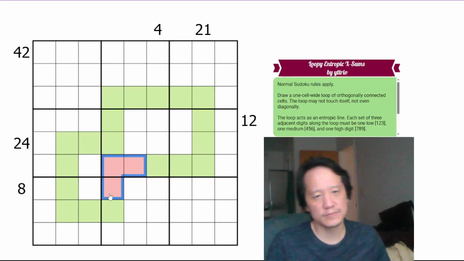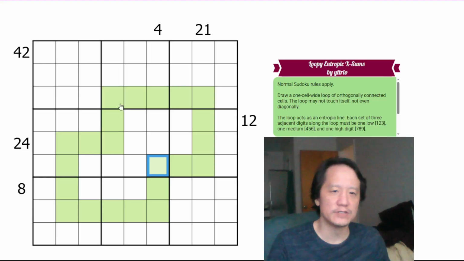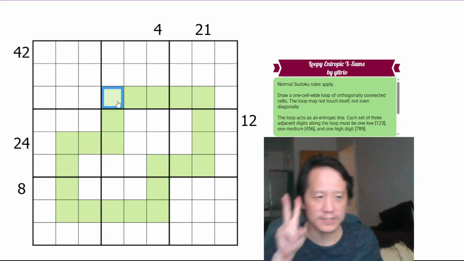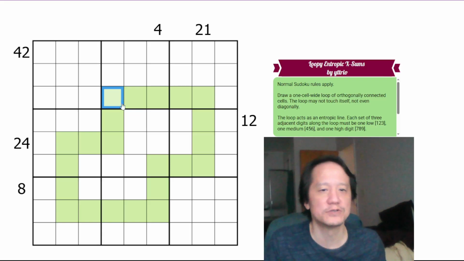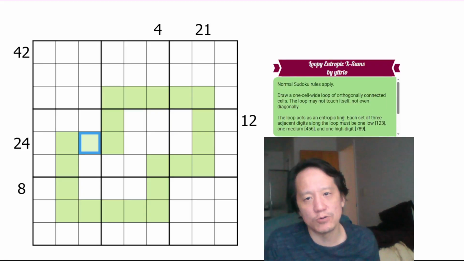But a valid loop is something like this, because every cell on the loop shares an edge with 2 and exactly 2 other cells on the loop. And that's how orthogonal loops work.